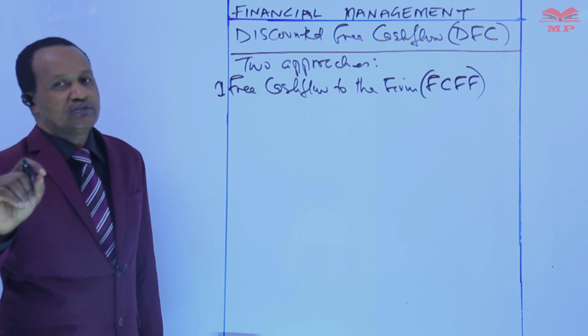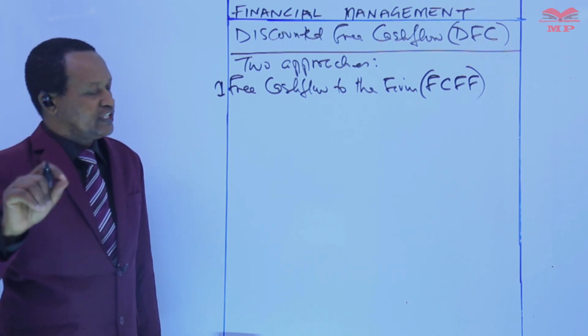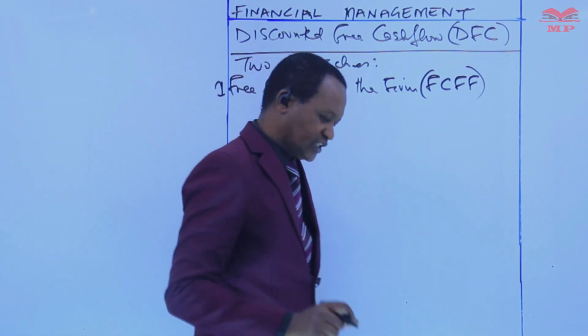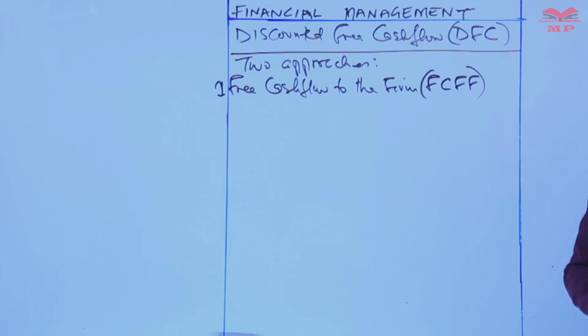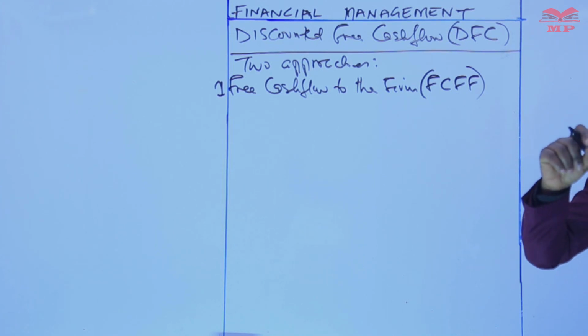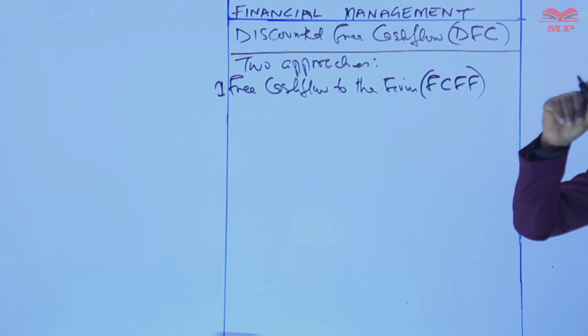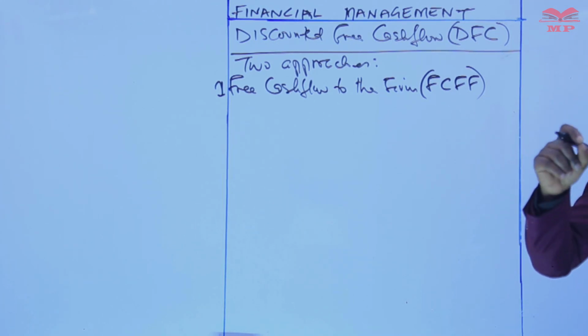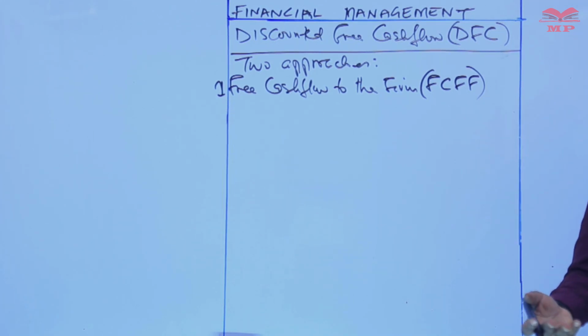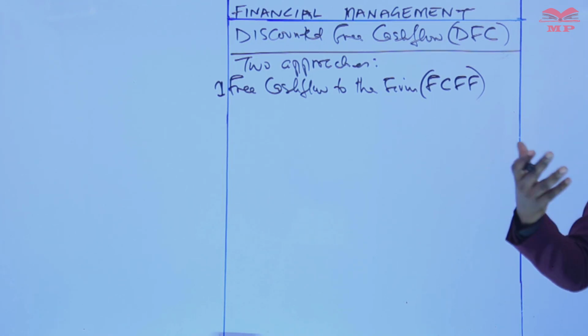Now, the free cash flow to the firm is the cash flow available to the company's suppliers of capital after all operating expenses, including taxes, have been paid and the necessary investments in working capital, like inventories, and fixed capital, like equipment, have been made.